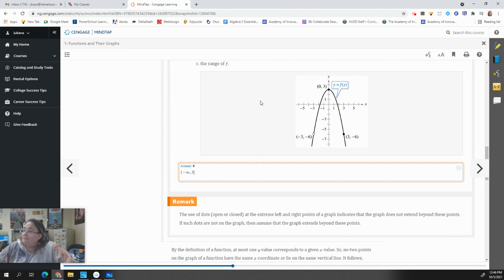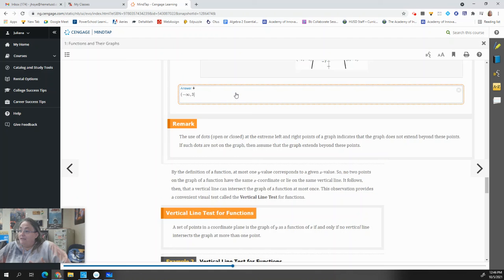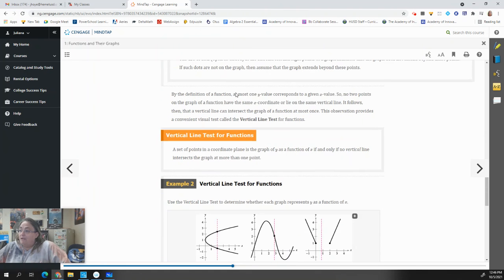Okay, isn't it to represent a function? Did you look that up? I did. I use my resources. I'm okay with that. A vertical line test will determine whether or not the graph is a function, right?